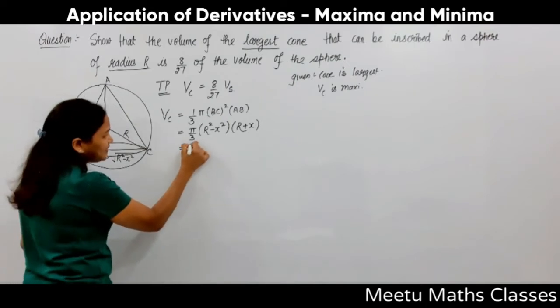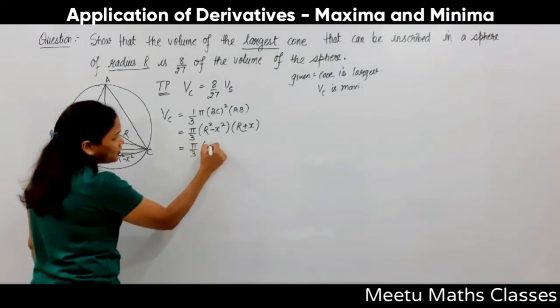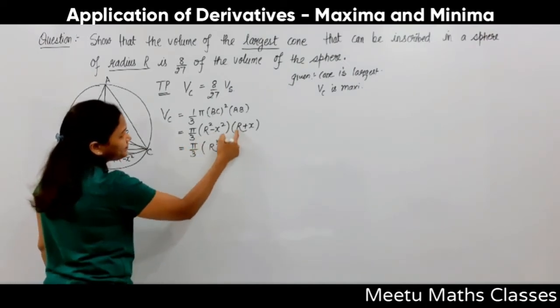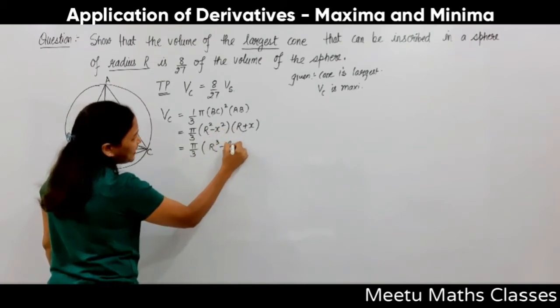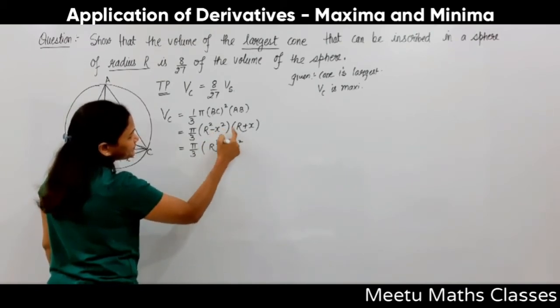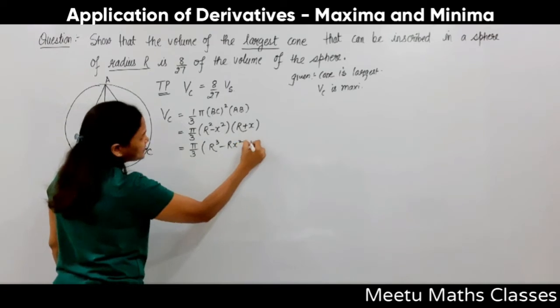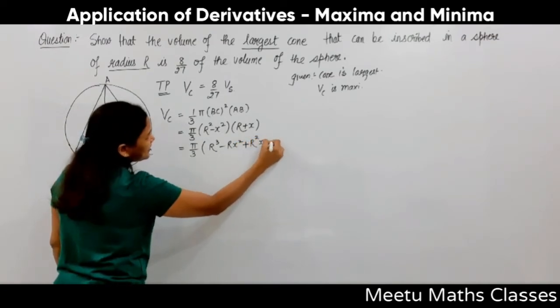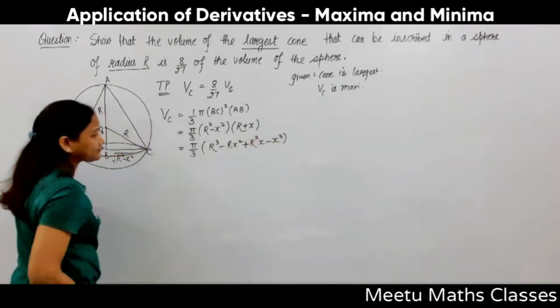Now we can make this a polynomial: r cube, minus r x square, plus r square x, minus x cube.